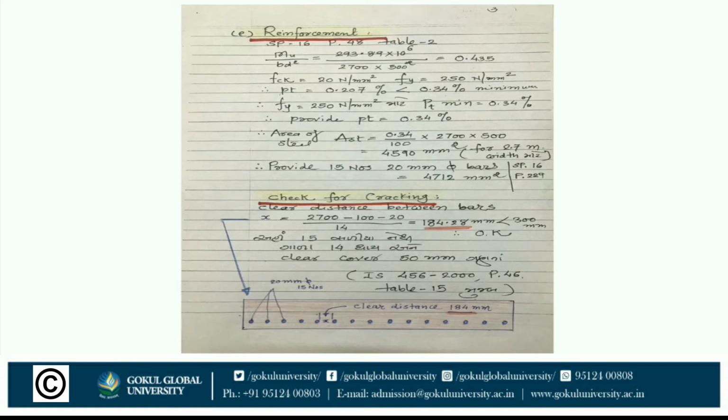Because bar number is 15, hence spacing will be one less, 15 minus 1, which is equal to 14. So x will be 184, which should not be more than 300. Here it is 184, therefore it is okay.